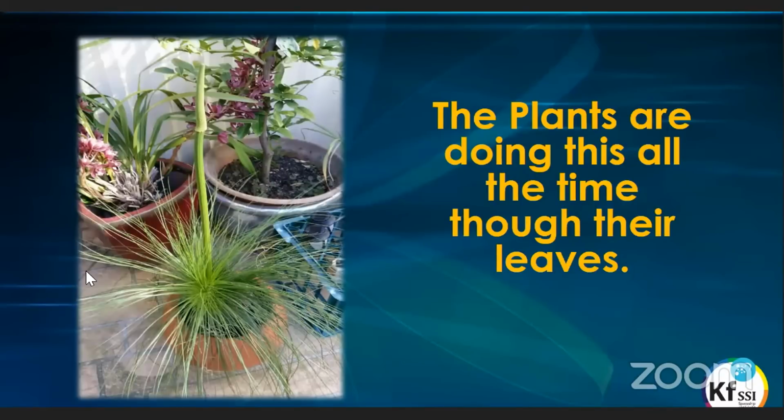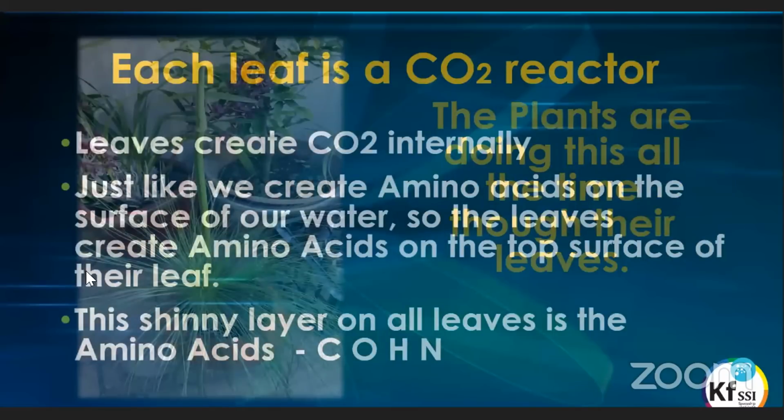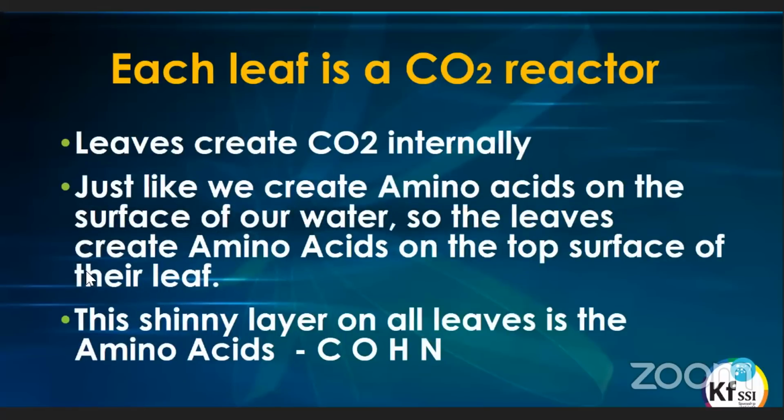So it's nothing new. It's just something that we've never understood. And now we can also produce our own CO2 GANs. We've got to look at each leaf as a CO2 reactor. So the leaves are creating that CO2 internally.